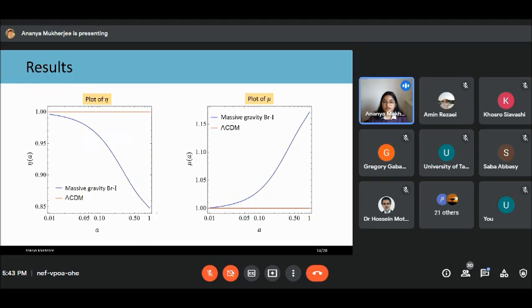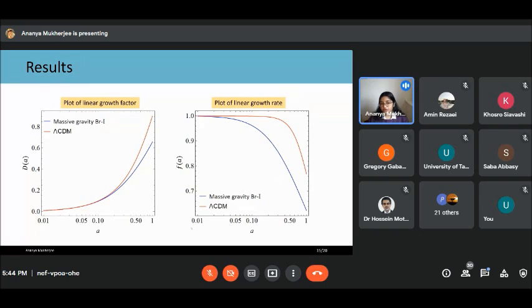So these are our preliminary plots for eta and mu in branch 1. Eta is identically 1 for GR, and both eta and mu. However, we have slightly different results.